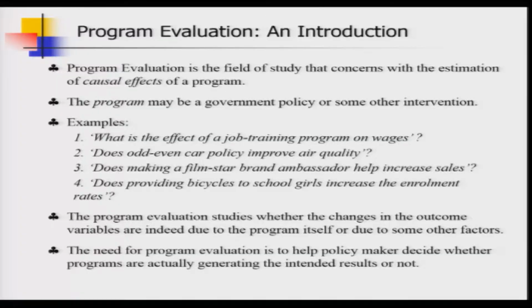But if you run a simple OLS or any of the regression models that we have gone through so far, they are unable to tell you about causality. So, the main point that differentiates program evaluation from the previous models we have studied is causality. Here, at least in terms of regression analysis, we are going to establish causality; that is our objective.